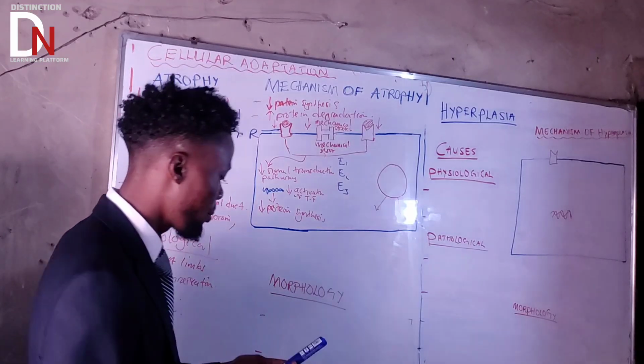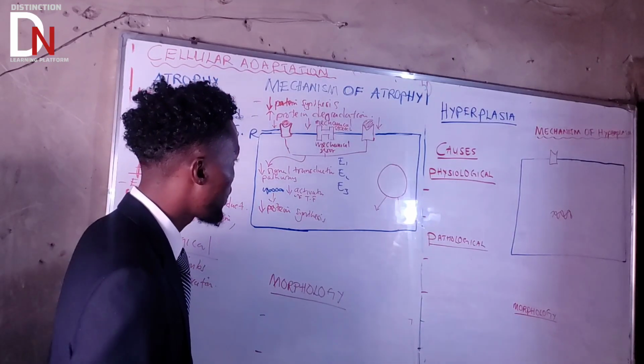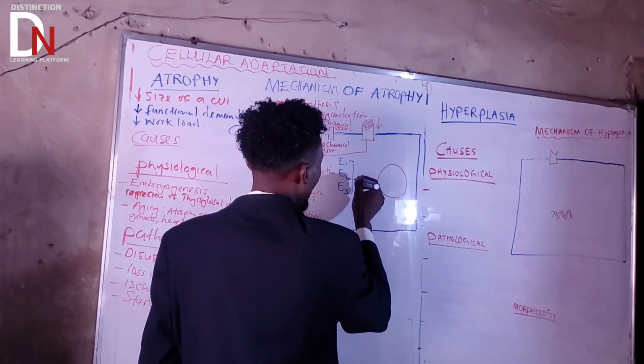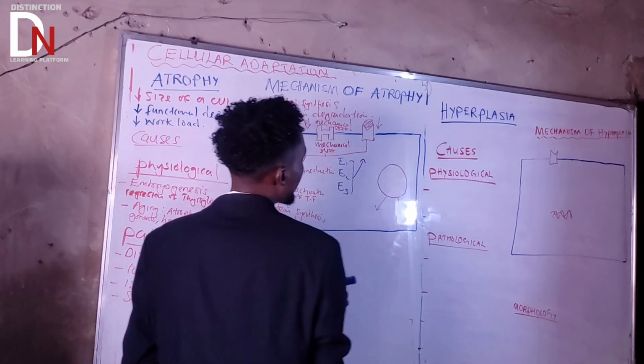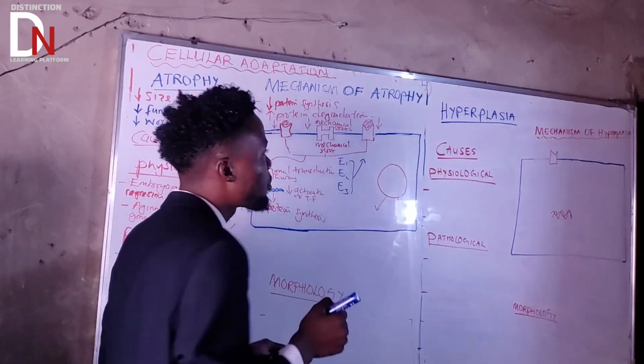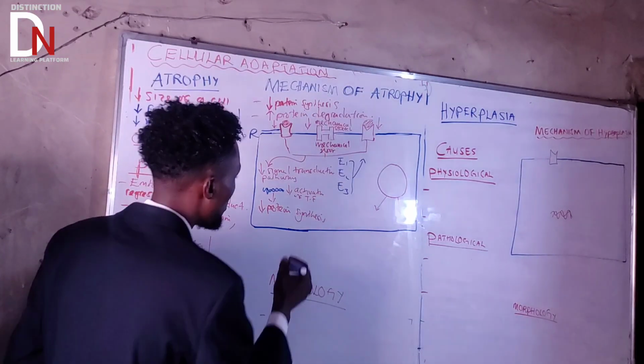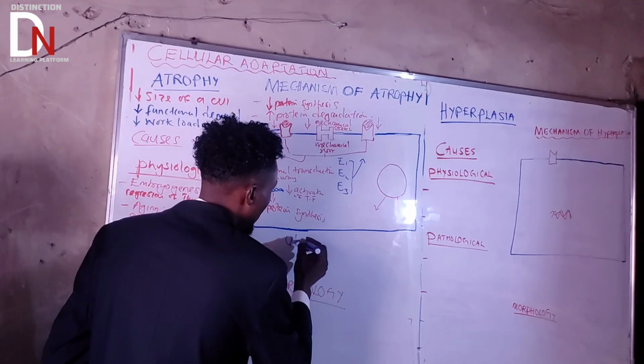Those are examples of enzymes that are going to be activated. There's a very, very important protein that you need to understand, which is what we call ubiquitin.